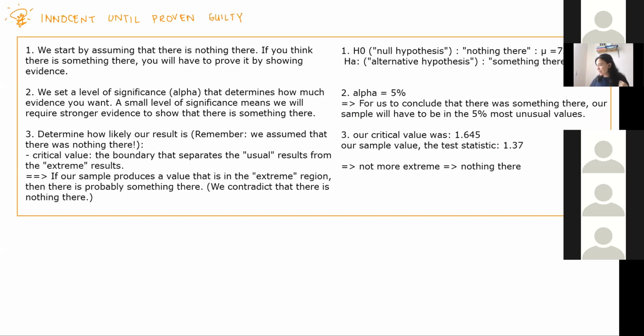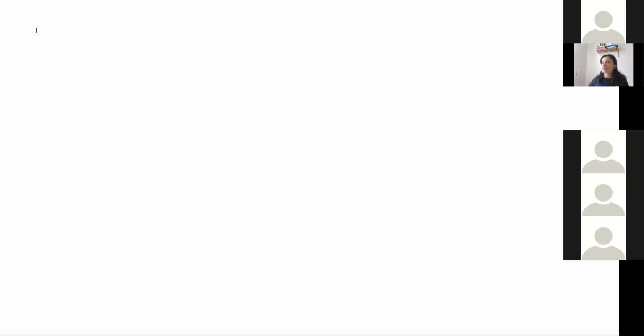Okay, so in the next example, I'm going to write an actual test. The first test that we're going to see today is called the one sample. What do you mean by test? How do I explain it? What we're trying to do is we're trying to test hypotheses, right?